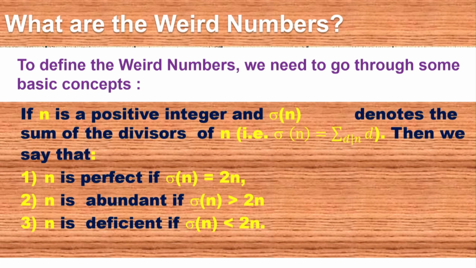If sigma of n is greater than 2n, we call n an abundant number. If sigma of n is less than 2n, it is called a deficient number.